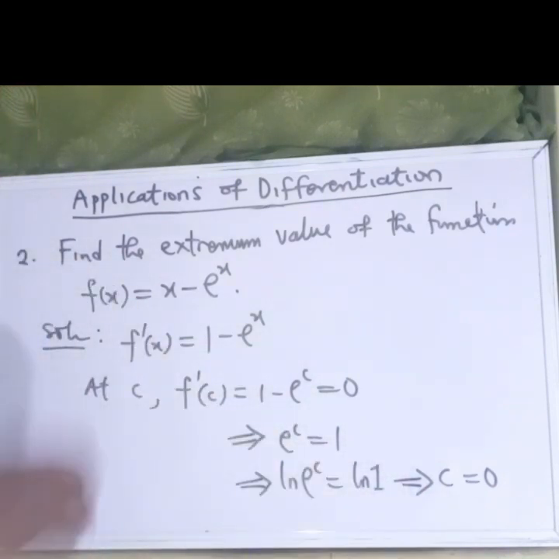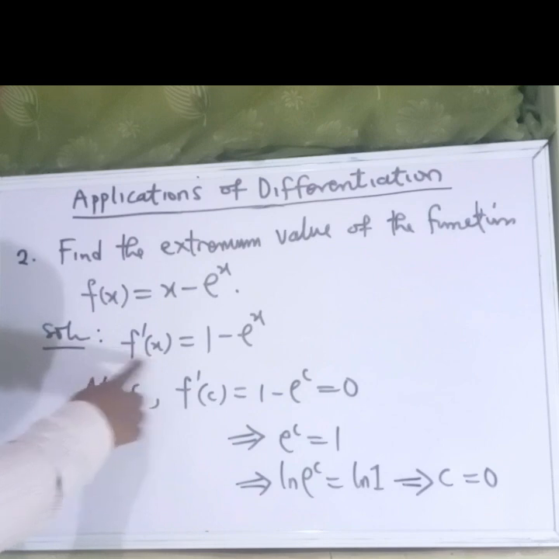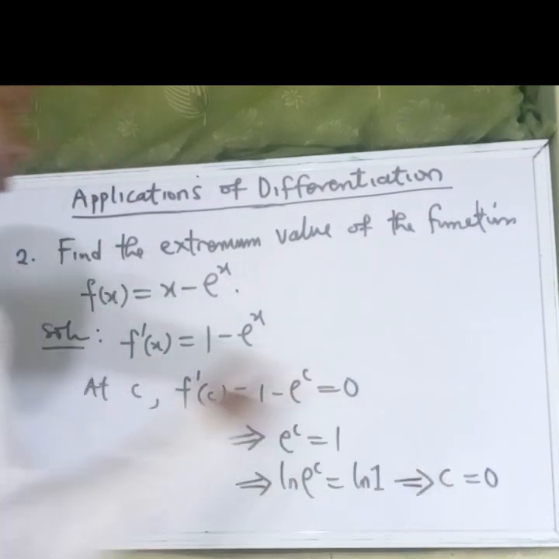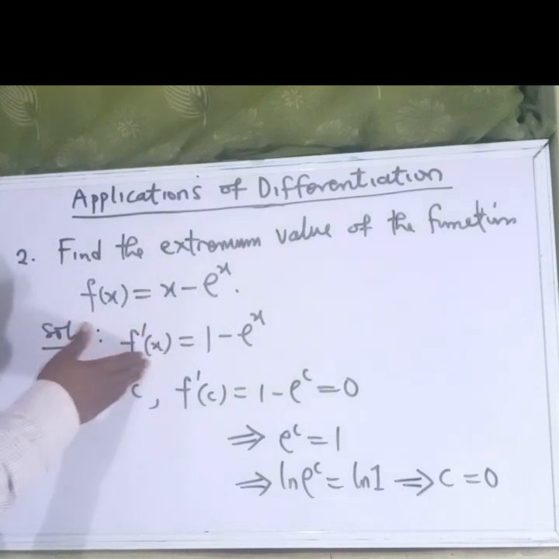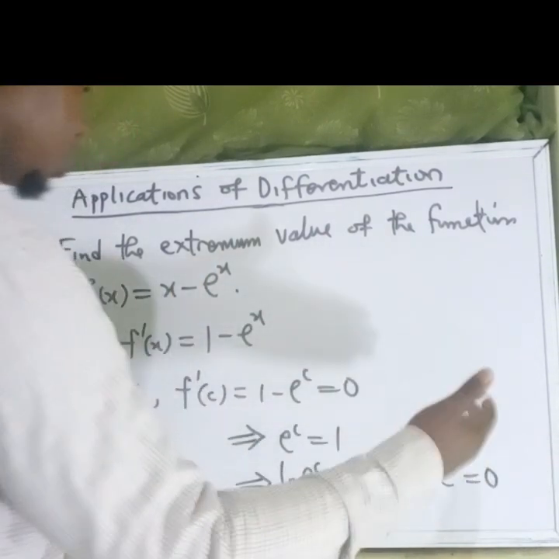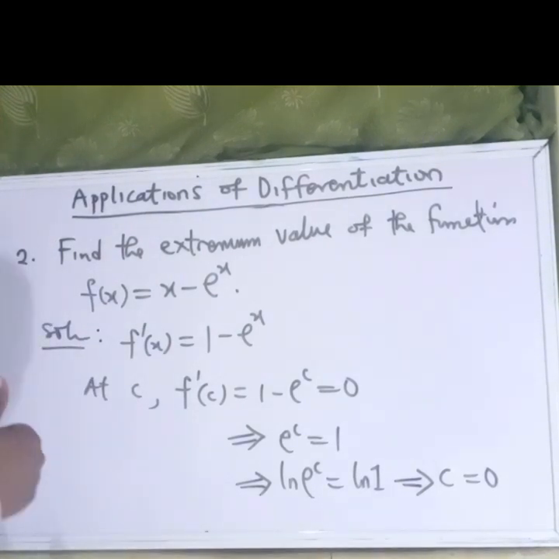Now we want to apply the first derivative test by looking at the signs of the derivative. We pick a point from the left of the critical point to see how this performs there, whether it is positive or negative. We do the same thing for the positive side of C, to see the behavior.